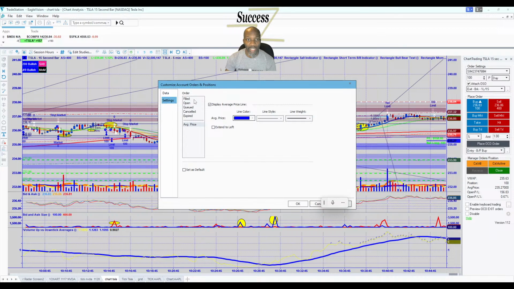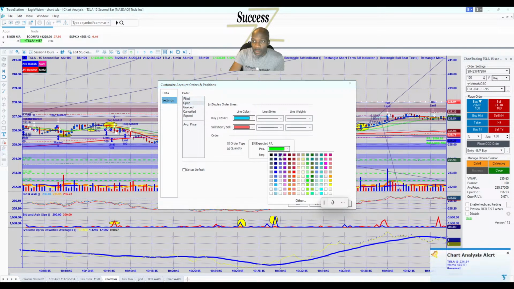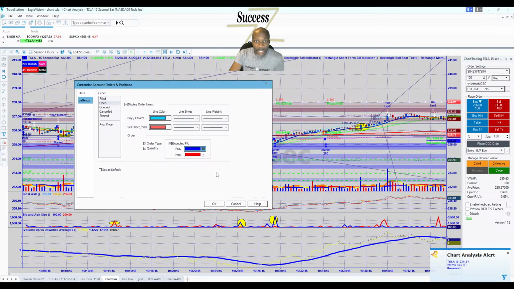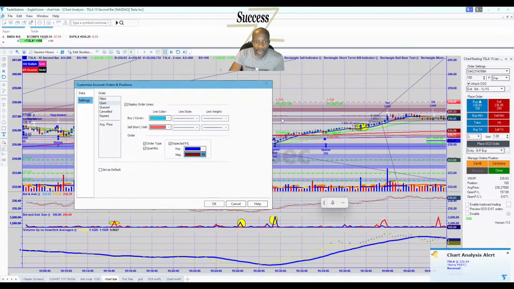Average price line. Average price, display average price. Make this blue. Negative, can I see that red? It needs to be a darker red, almost brown, burgundy or something like that.